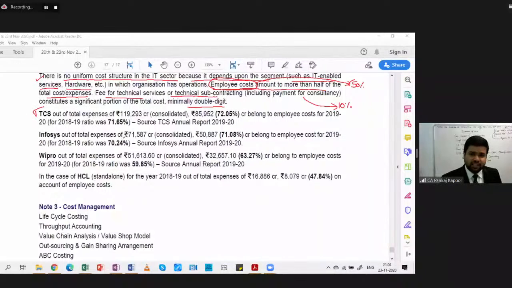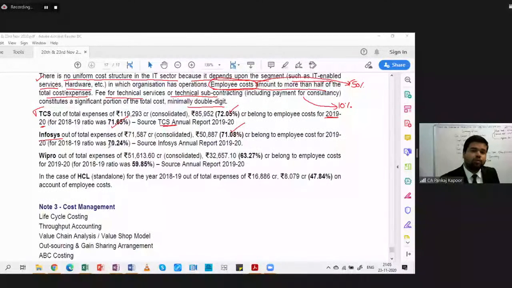In case of TCS, for the year 19-20, which just closed, as per their annual report, the employee cost is 72% of their total operating expenditure on a consolidated basis. In the previous year, it was 71%. In case of Infosys, the employee cost is 71.08%.